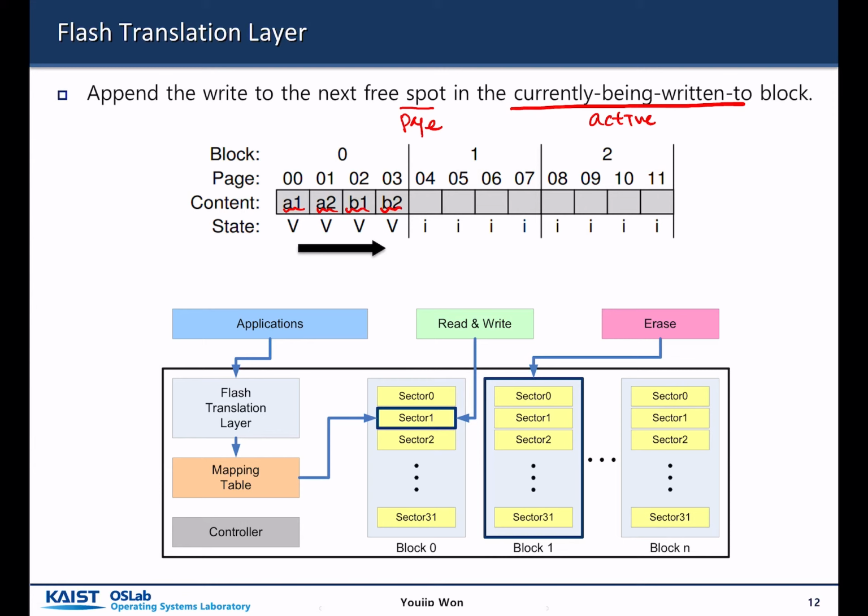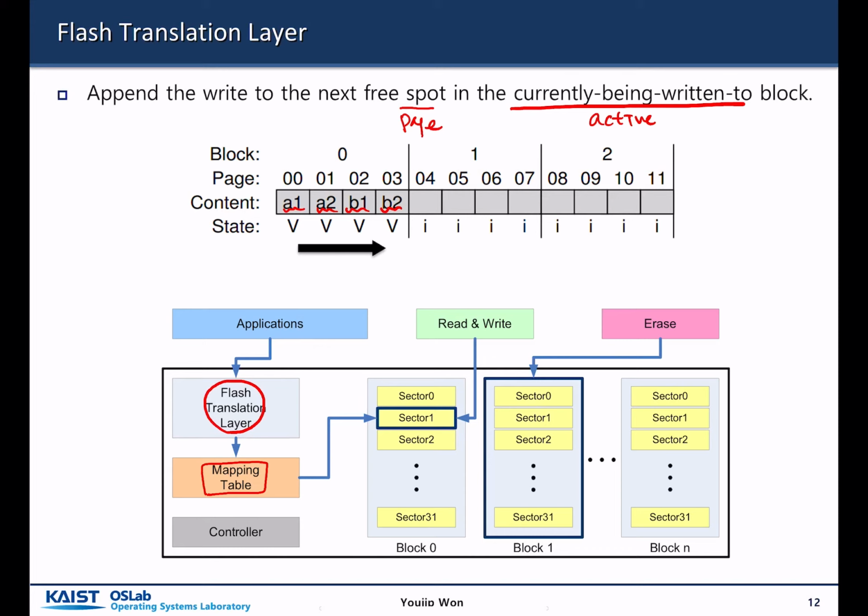Here, we schematically illustrate the structure of an SSD. There is a flash translation layer, and in the flash translation layer, there is a mapping table. The mapping table is a data structure something like a page table. A page table gives the location of the physical page for a given logical page number.